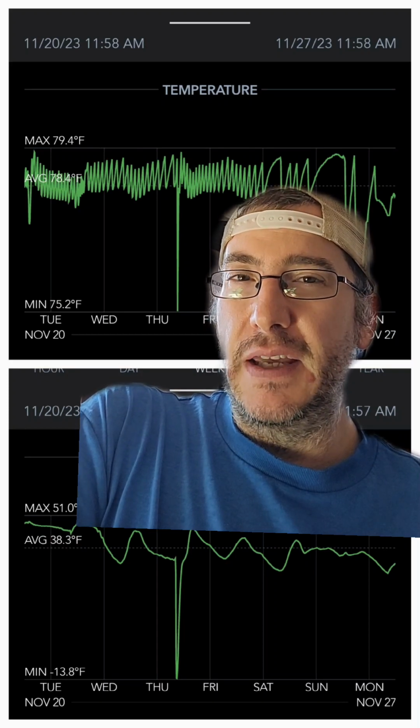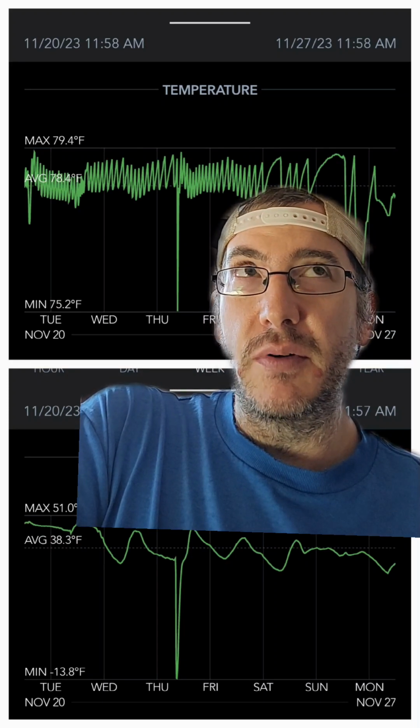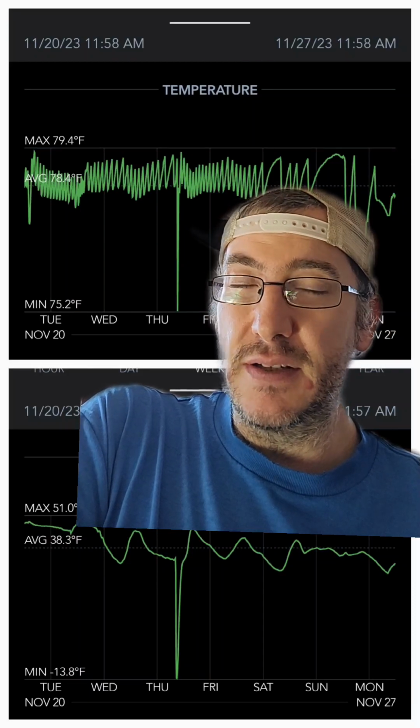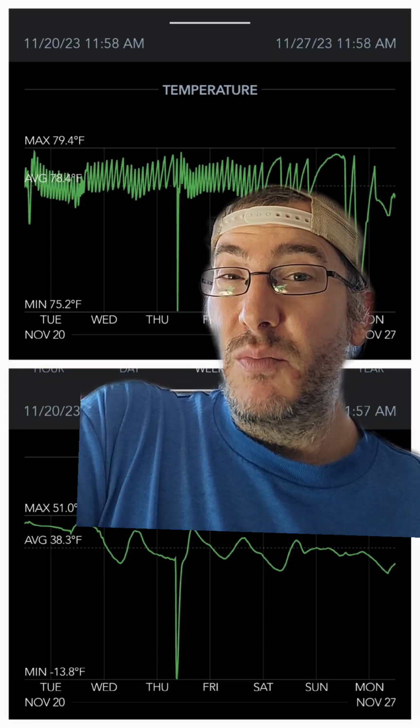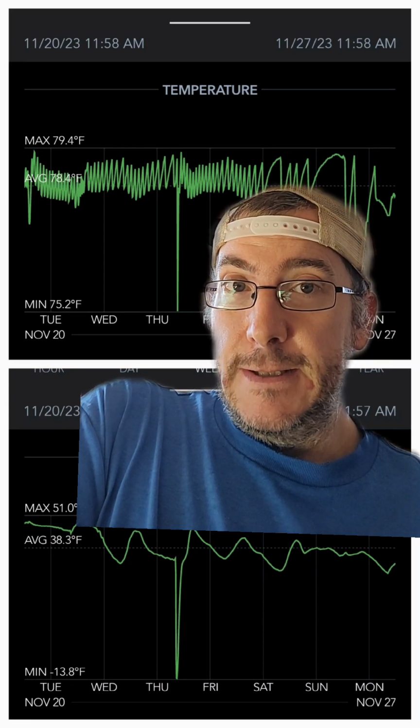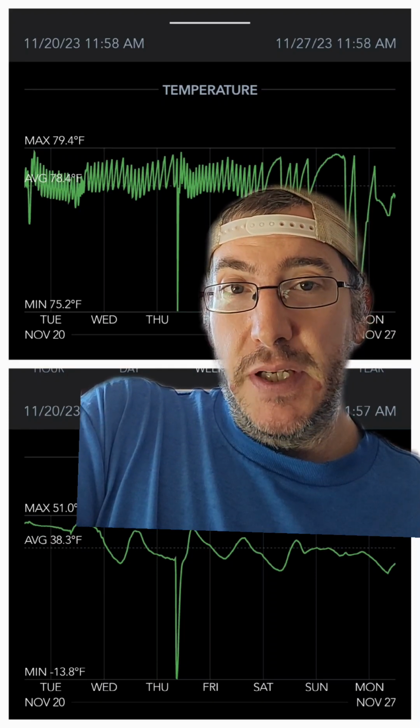I say full, but I can probably fit another 20 to 40 stacks into that room and generate even more heat. So this is pretty interesting.